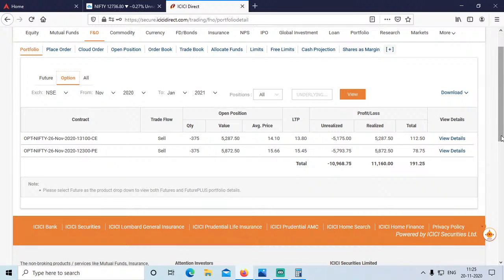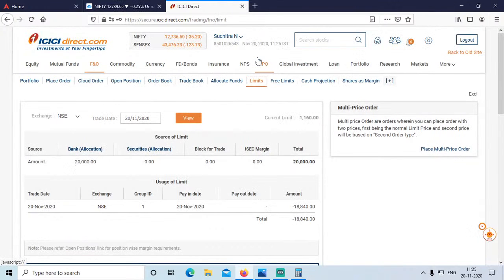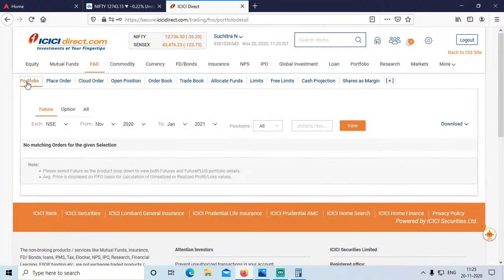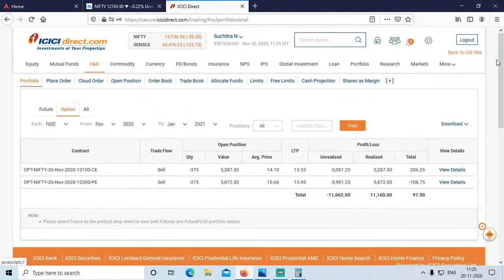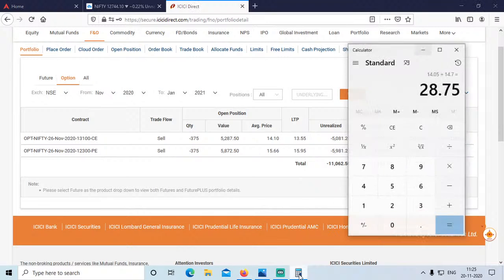Now you should know how much profit you are supposed to get. Let me check the investment amount that we have made. We invested around 18,840 rupees. For the 18,840, how much profit should you be getting?